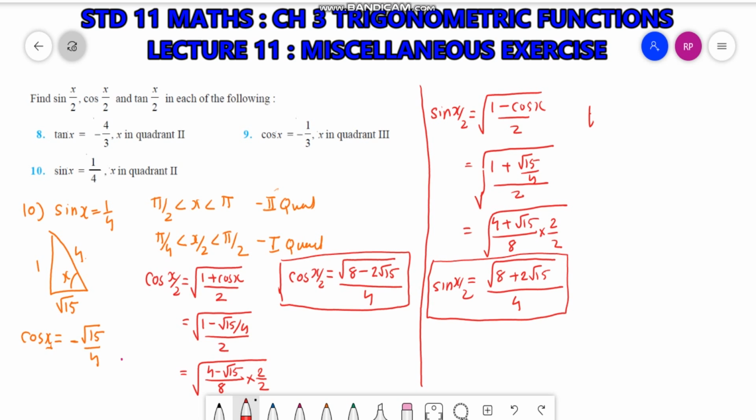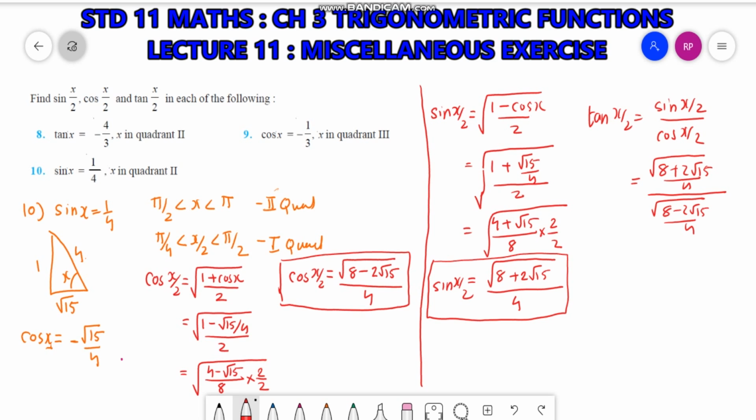Now for tan x by 2, I will take the ratio of sin x by 2 upon cos x by 2. What is sin x by 2? Root of 8 plus 2 root 15 by 4 upon root of 8 minus 2 root 15 by 4.